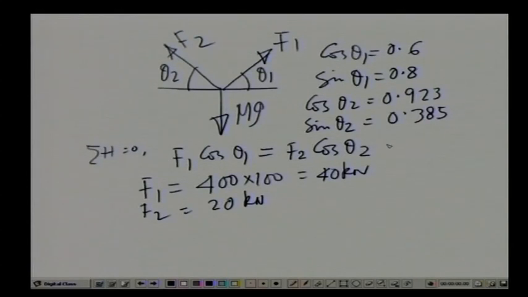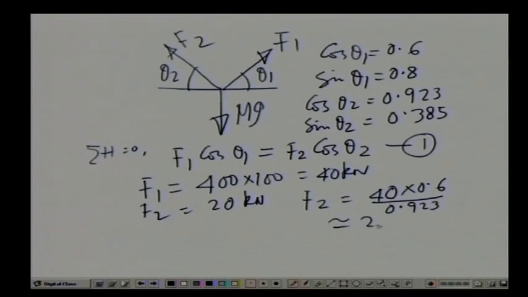From this expression 1, if we substitute the values of cos theta 1 and cos theta 2, and take F1 as 40 kilonewton, F2 will be 40 times 0.6 divided by 0.923, which is approximately 26 kilonewton, which is greater than 20 kilonewton.